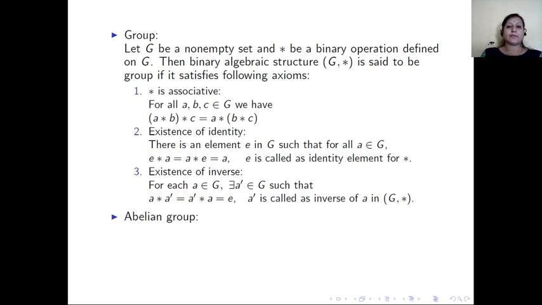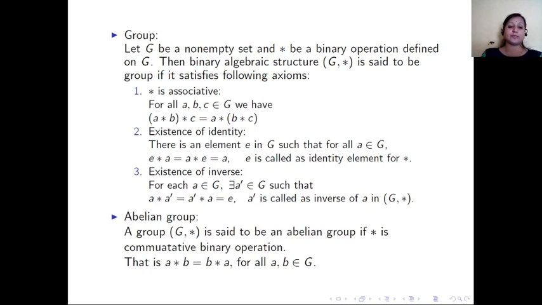Let us see the next definition, that is abelian group. So abelian group is a group which satisfy commutativity property. So a group G star is said to be an abelian group if star is commutative binary operation.